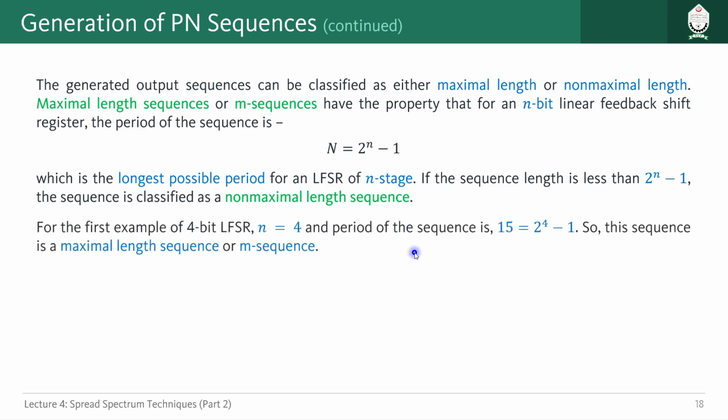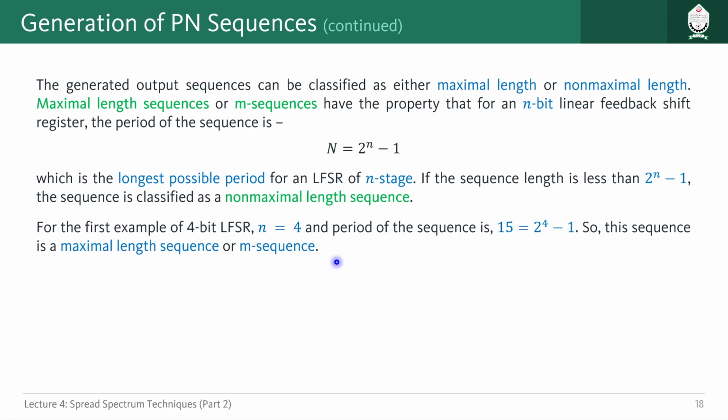For example, if we look at the first example of our 4-bit LFSR, there we had n equal to 4. The number of bits for our shift register was 4, and the period of our generated sequence was 15, which is 2 to the power 4 minus 1. So this sequence fulfills our 2 to the power n minus 1 condition.